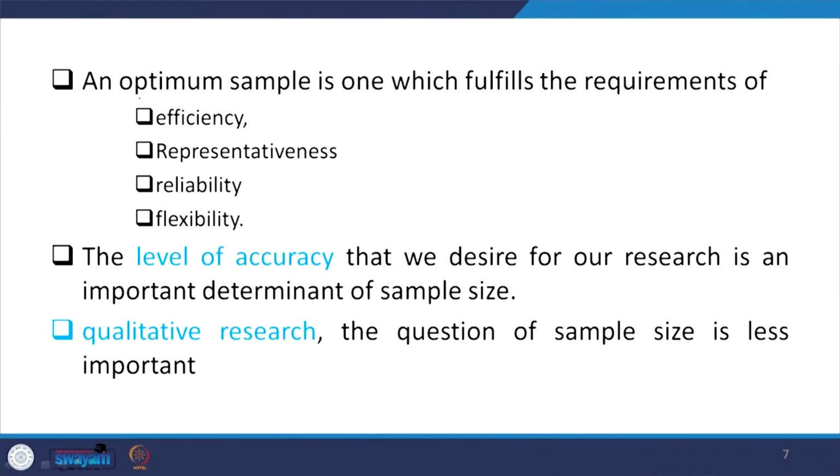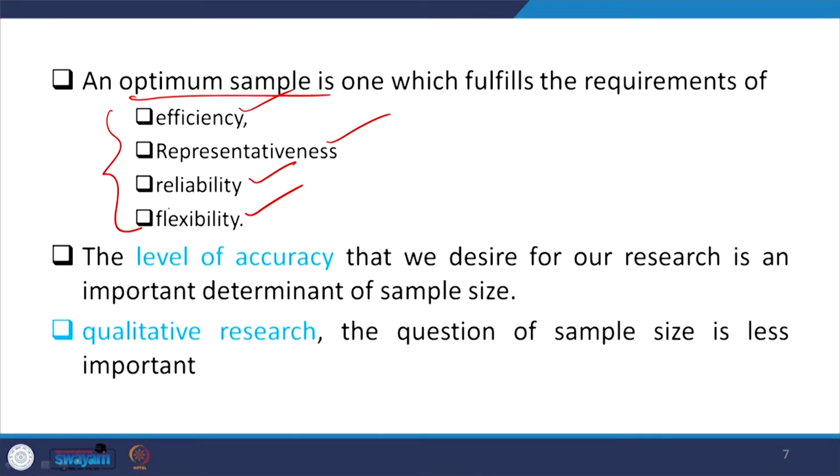Now, as I discussed already, what do we mean by an optimum sample? What features must it fulfill? There must be efficiency, representativeness, reliability and flexibility. If these 4 indicators are fulfilled, we have a dedicated lecture to understand the reliability of the data, and also representativeness of the data.